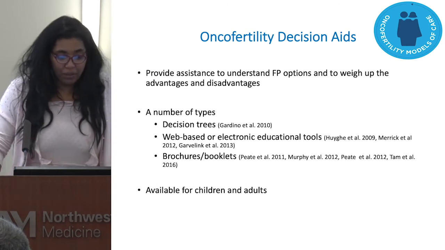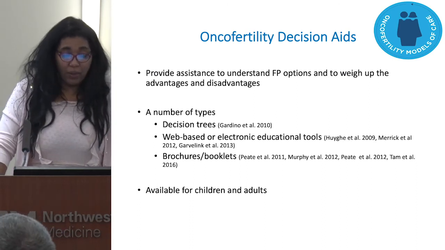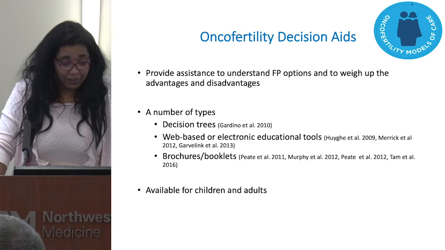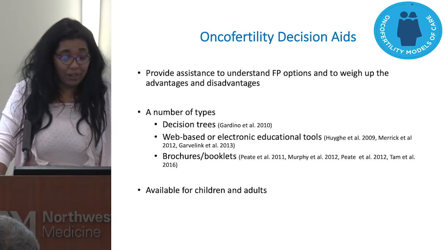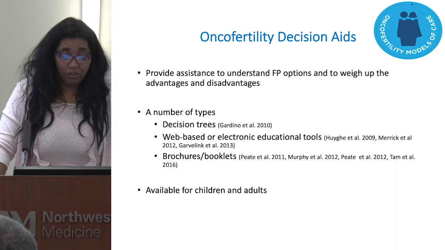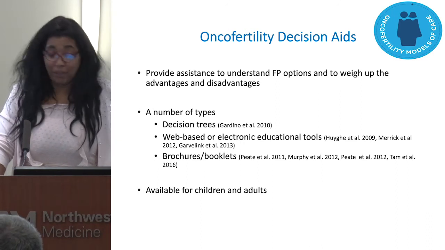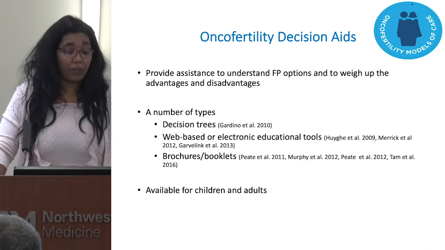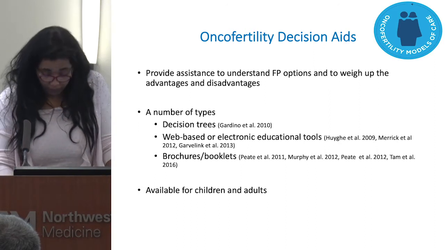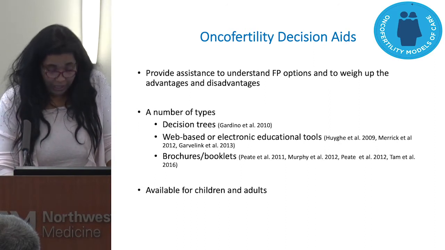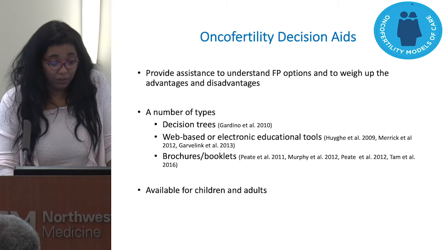From a decision aid point of view, we know that there are a number of decision aids, both paper-based and IT-based, and those decision aids help patients to understand the options and make choices. And we now have the opportunity to have decision aids for both children and young adults and adult patients.